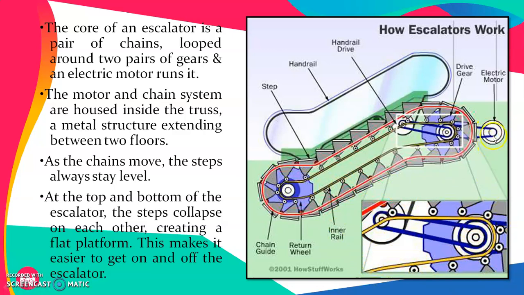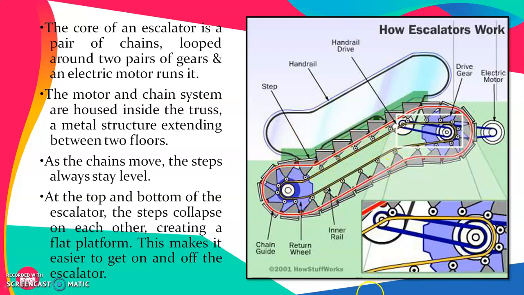When this electric motor is operated, it is connected with these driving gears, and along with that all these conveyor belts and return wheels are attached, and they are operated in such a way that this whole assembly starts moving in the same direction.